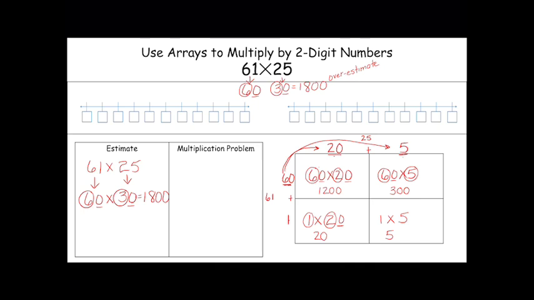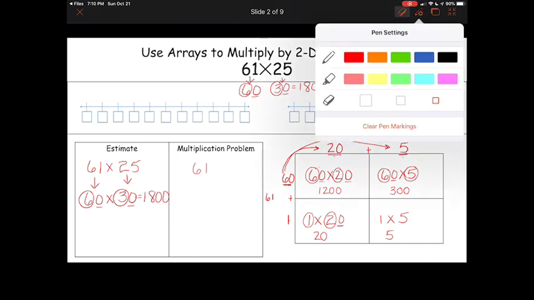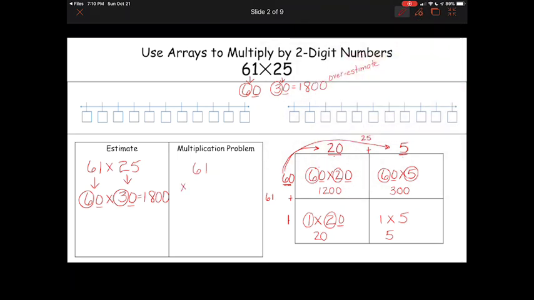Then all you would do is, I'm going to write this problem down, 61 times 25, and you would line it up and add up all of the products.